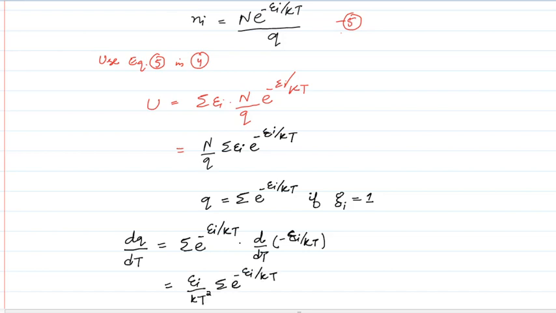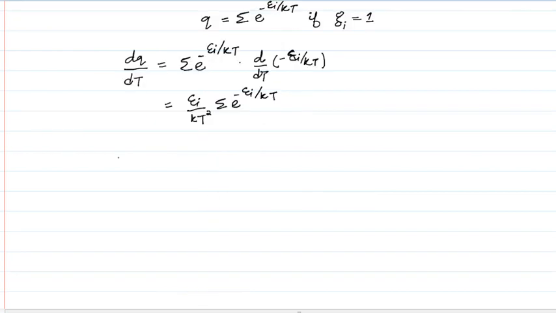So we got this part, that means summation Ei e raised power minus Ei upon kT will be equal to dQ upon dT into kT square.